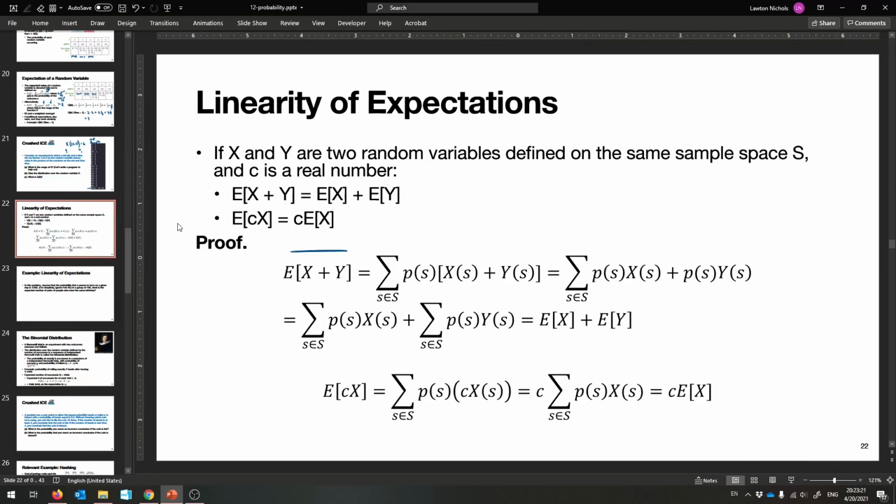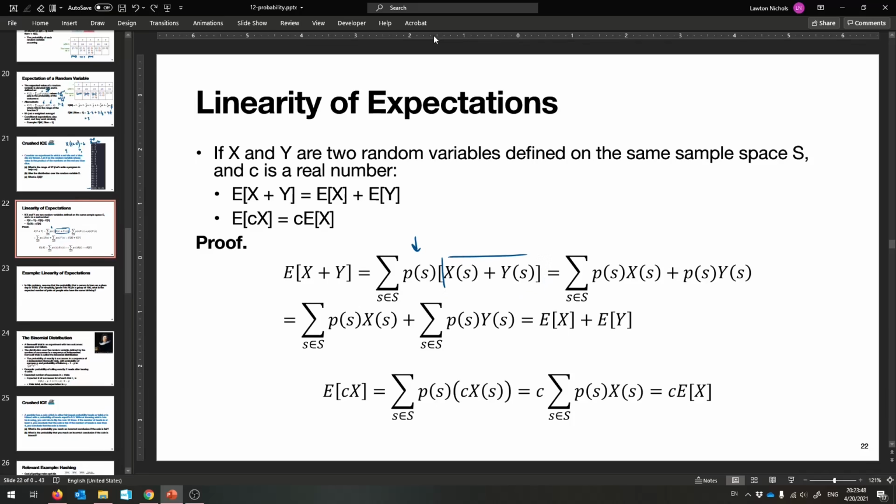Okay, so the expected value of x plus y, let me prove to you that that is equal to the expected value of x plus the expected value of y. Well, just unravel the definitions, okay? The expected value of this big long thing is going to be the sum over all the outcomes of the probability of that outcome times what the random variable gives back to you on that outcome.